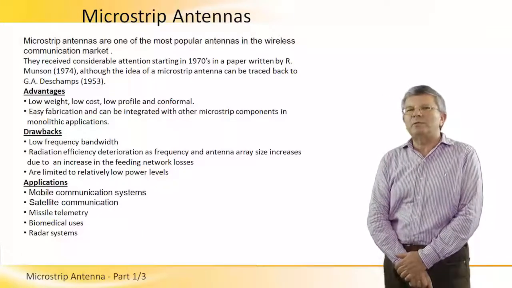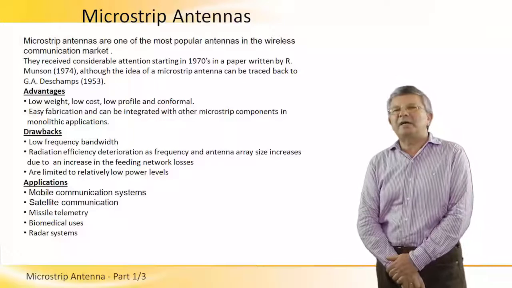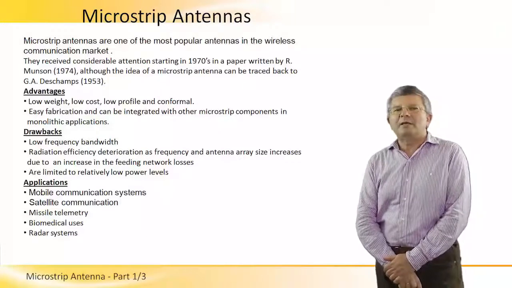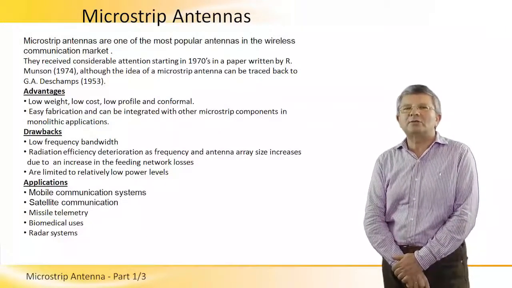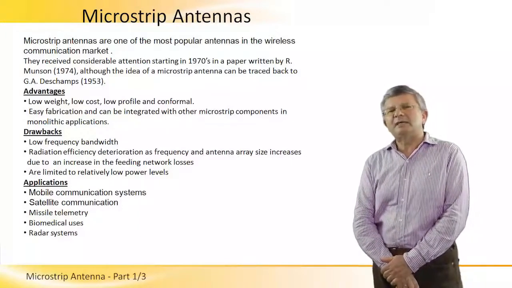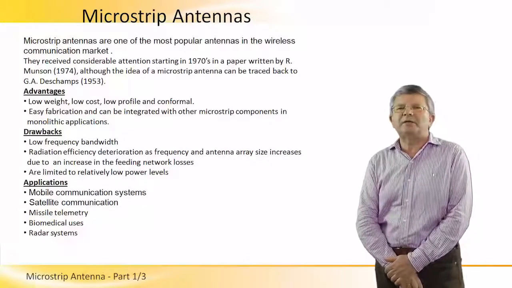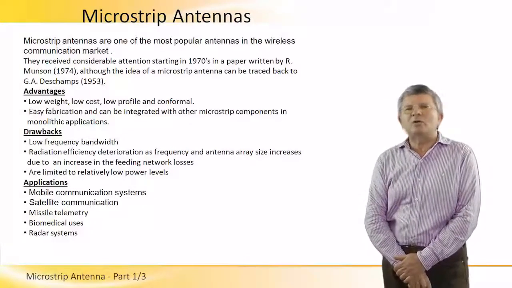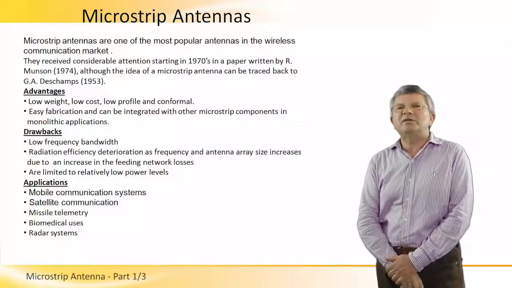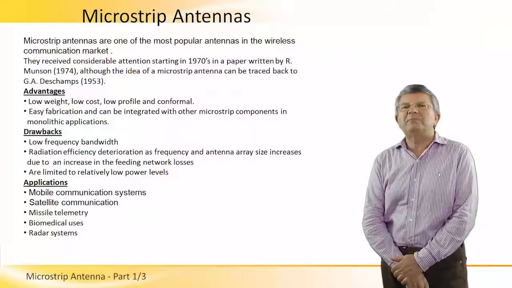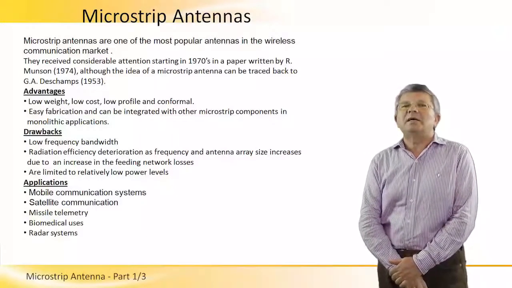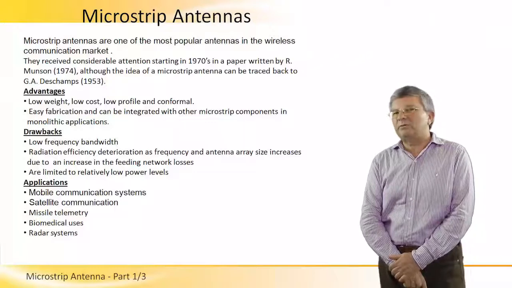Again, this kind of drawback can be traced back to the initial design of microstrip antennas, but in recent years also significant breakthroughs have been made on this drawback, and we can see today designs based on waveguides or hybrid waveguide and microstrip lines or parallel plate waveguides in which the network losses have been minimized dramatically, and we can obtain high efficiencies even at very high frequencies up to 30 or 40 gigahertz.